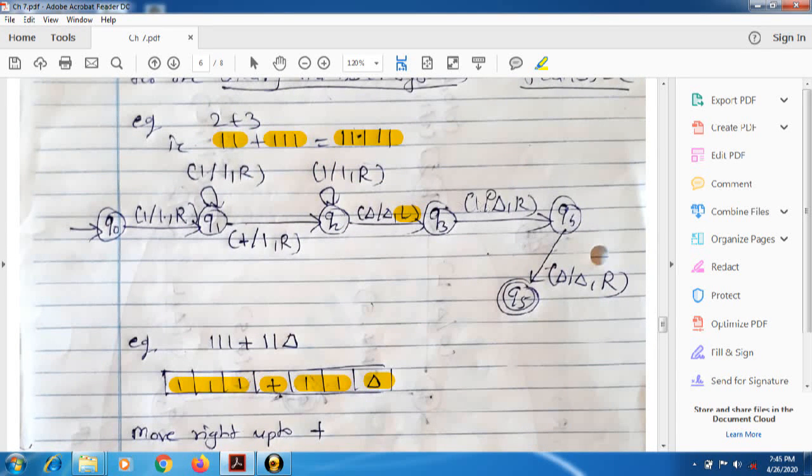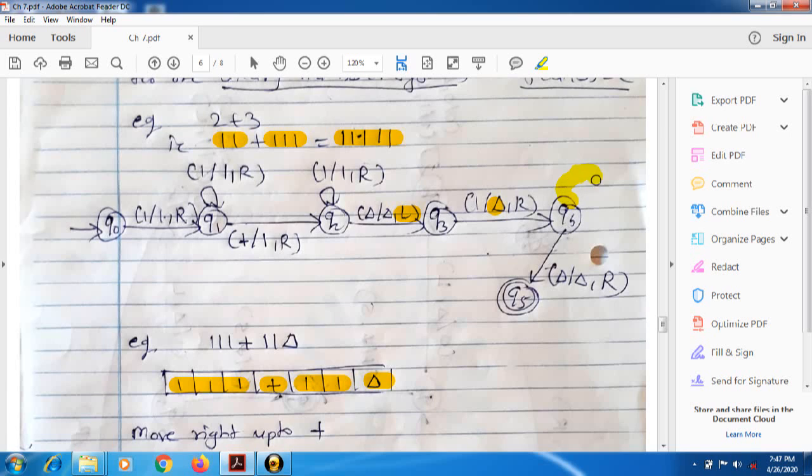Q3 with 1, we replace it by the null value and again move towards the right. Then we have moved towards the right. After that we have to move towards the right till we find the null value, that is this.